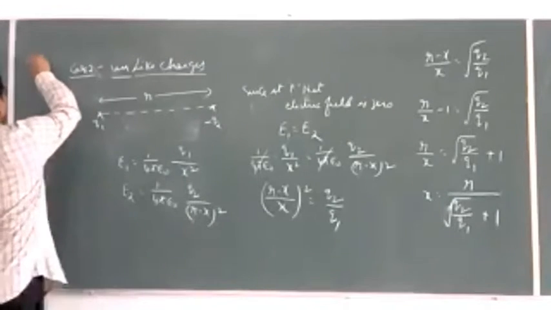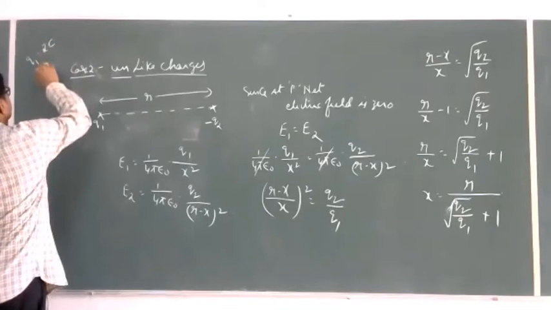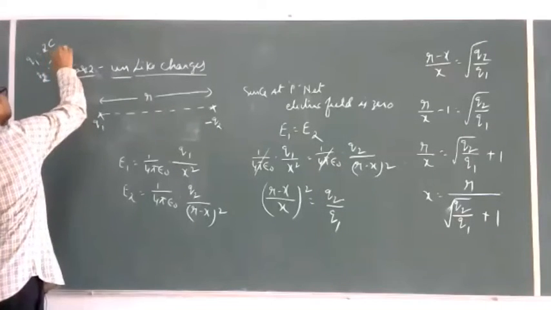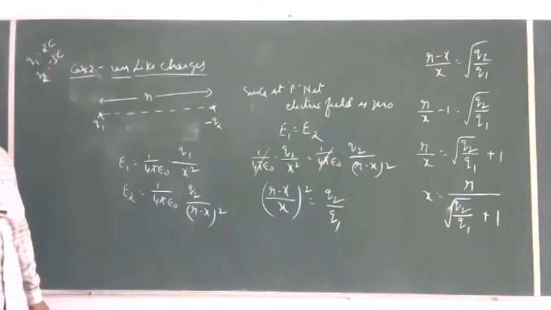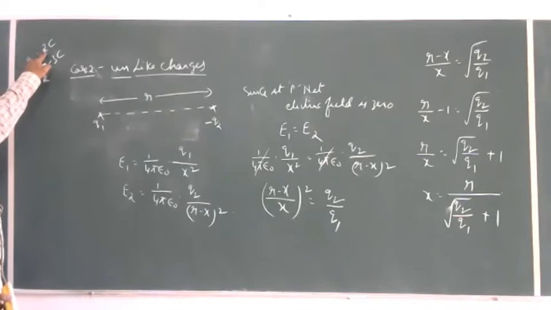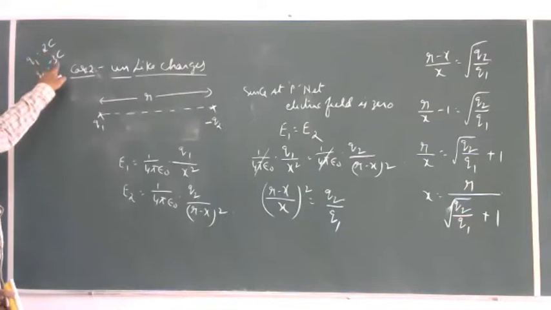For example, Q1 is equal to 2 coulomb and Q2 is equal to minus 3 coulomb. Then among these two, which one is smaller? 2 is smaller, because Q2 is 3; the minus represents only its nature.